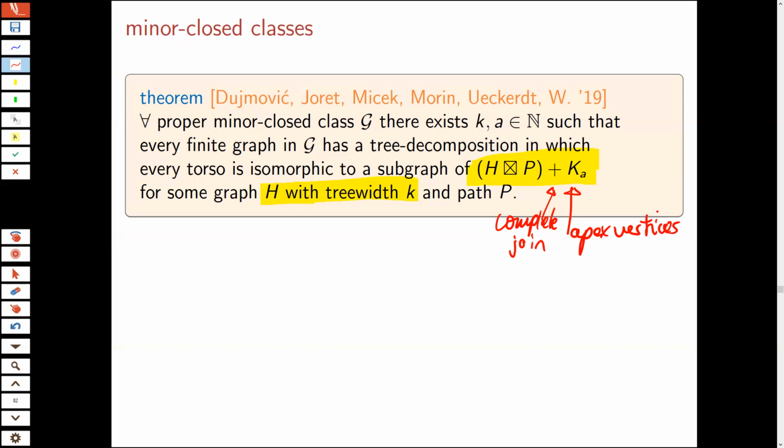This theorem is proved using the graph minor structure theorem, but it turns out that this statement is very useful, and I find it easier to apply than the original graph minor structure theorem, because the original theorem has these things called vortices, and then you need to do some topology in there, and you need to deal with clique sums.